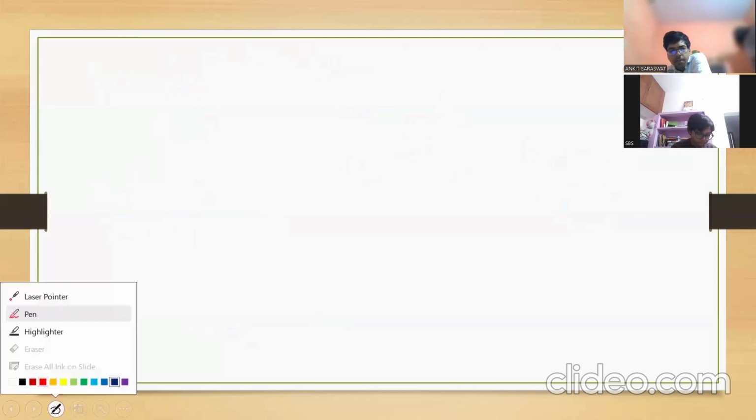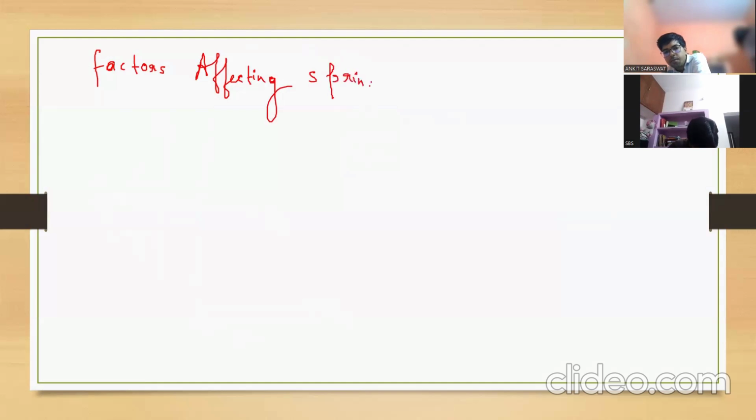Now moving to the next topic. Write down the heading: factors affecting spring constant.